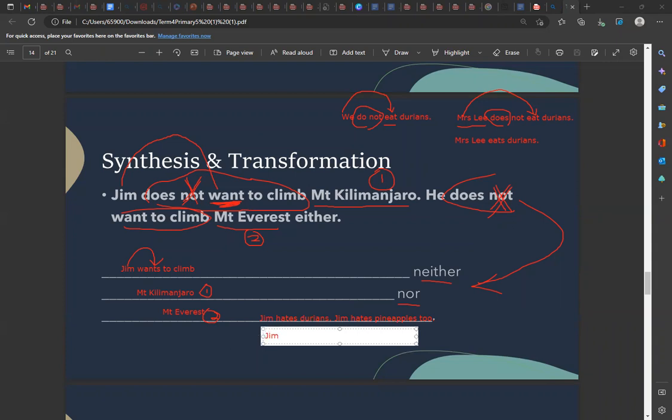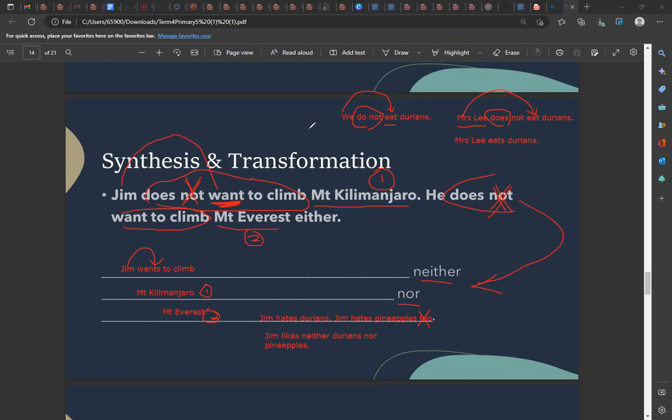So hates and likes, they are antonyms. They have the opposite meanings. So the transformed sentence would be Jim likes neither durians nor pineapples. We need to cancel the word to. It's redundant, and we shouldn't have the word to in our transformed answer. So Jim likes neither durians nor pineapples.